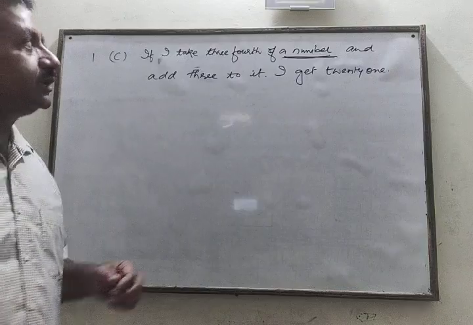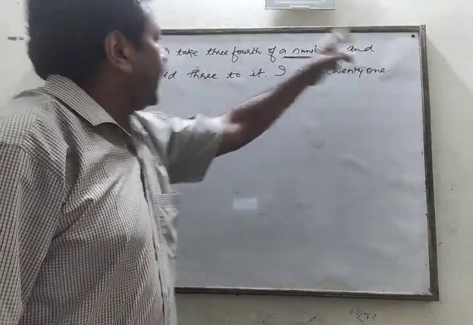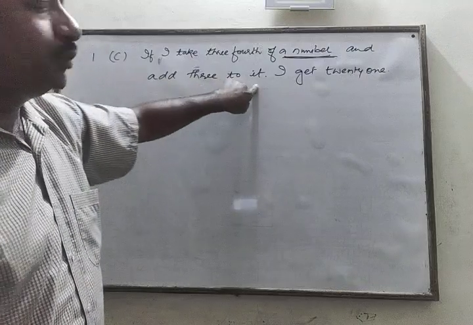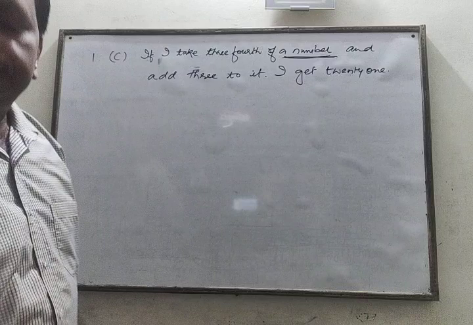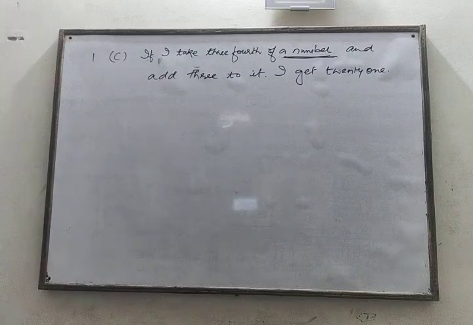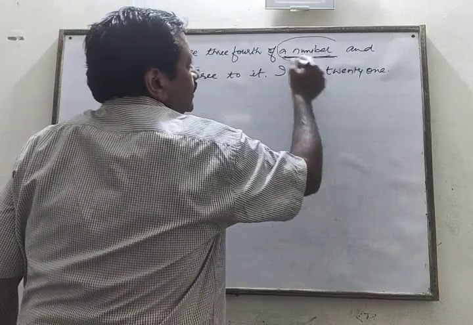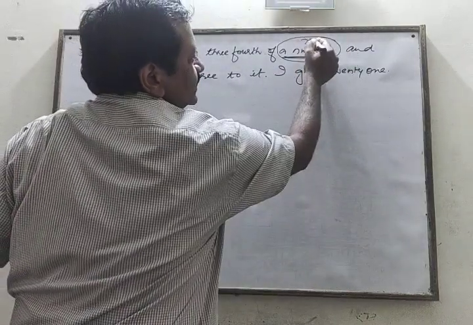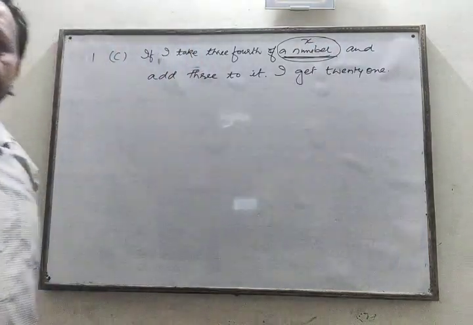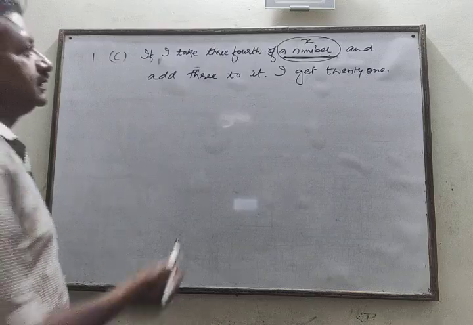Any one number is there. If I take 3/4 of that number and add 3 to it, then I get 21. So this number, any number, we will suppose as x. This number which we don't know, we will suppose as x.